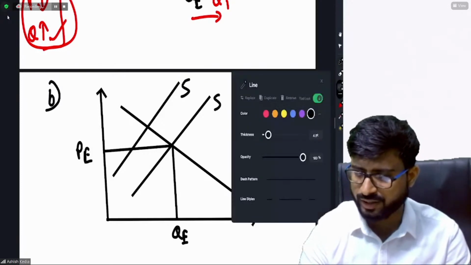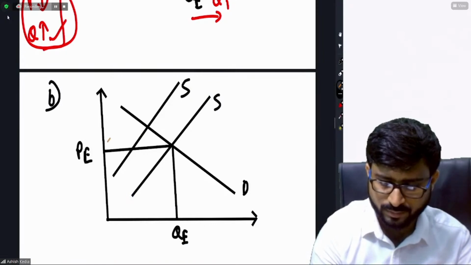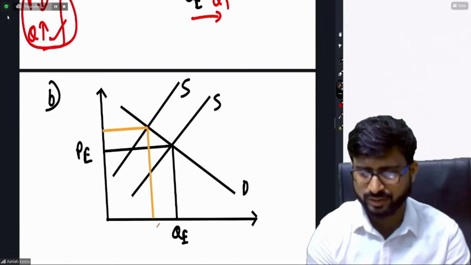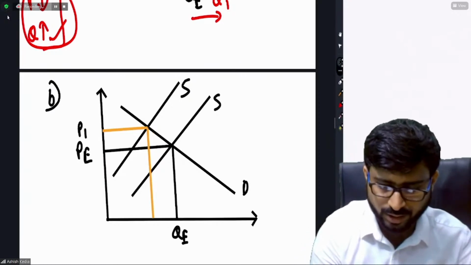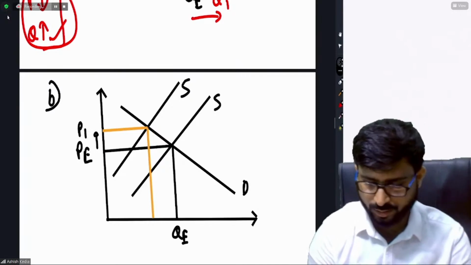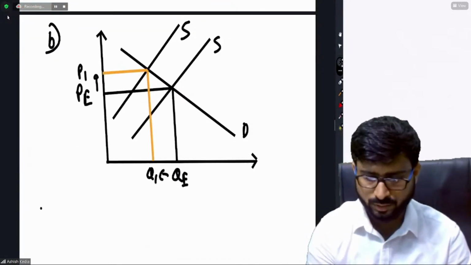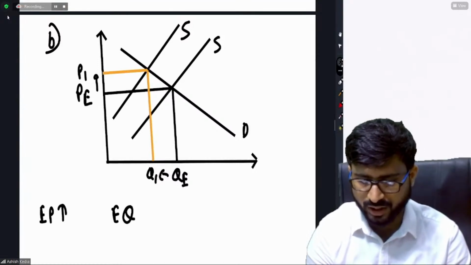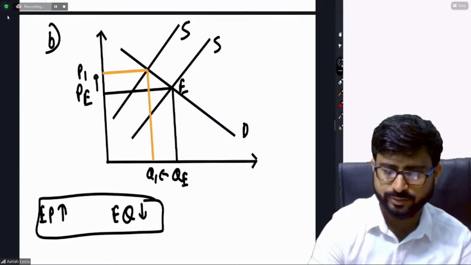So when they intersect each other, as you can closely see here, they intersect this way. So P1, quantity is towards the left. So equilibrium price is rising, equilibrium quantity is falling. The discussion is over. This is E, this is E1.